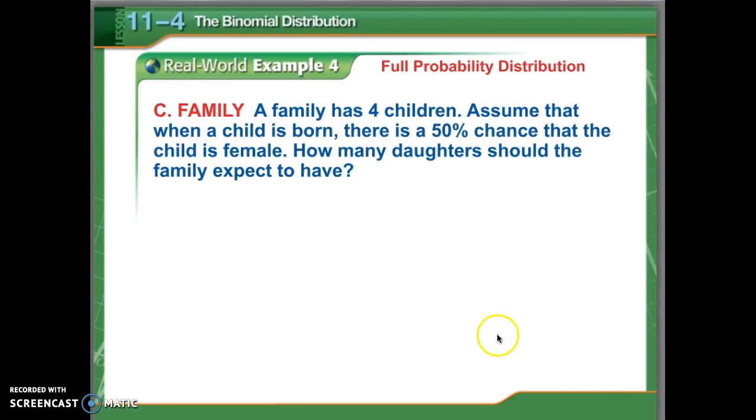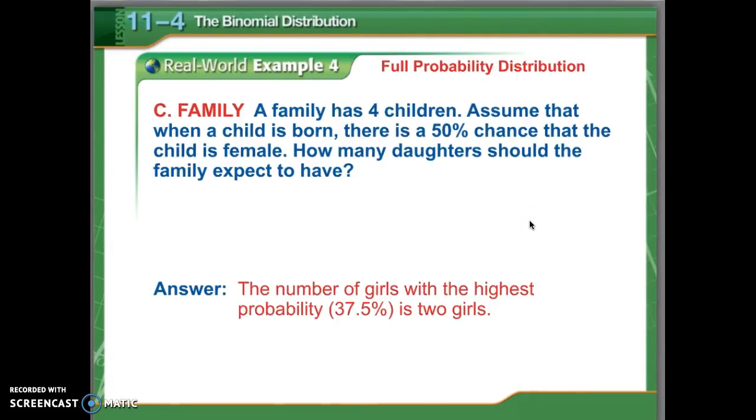Part C. How many daughters should the family expect to have? So finding the expected value. Remember, the expected value formula for a binomial distribution is the number of trials times the probability. That would be n being 4, the probability of a girl being 0.5.